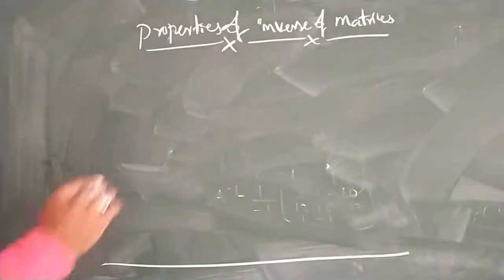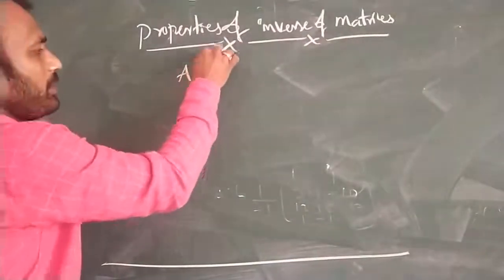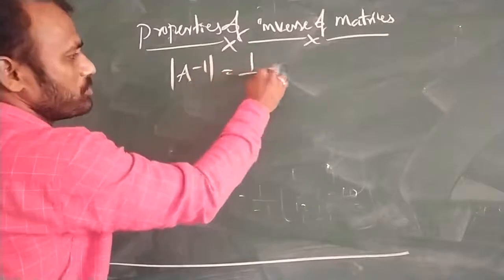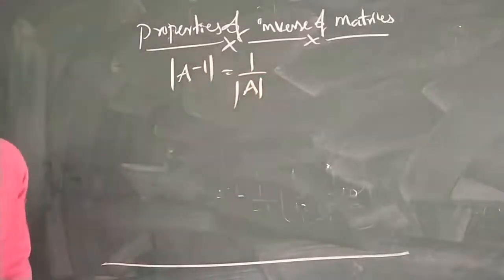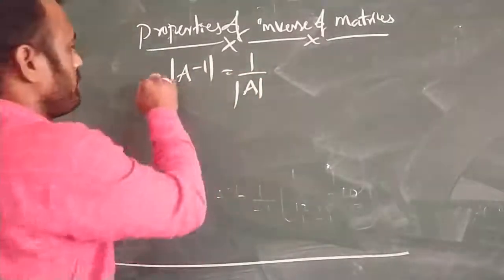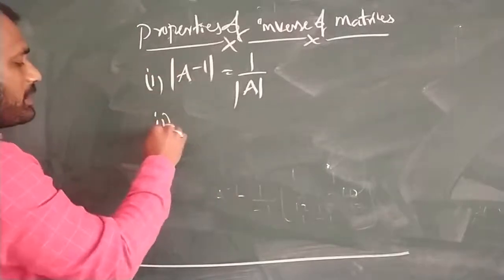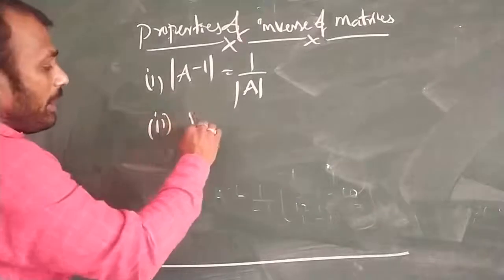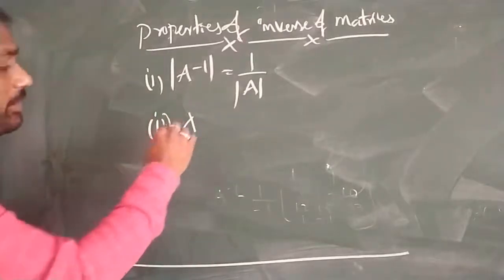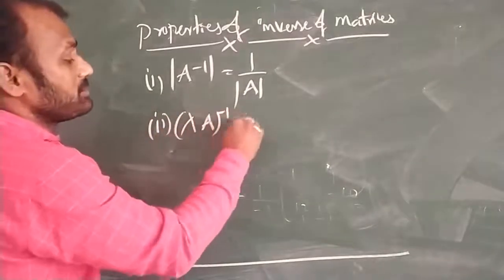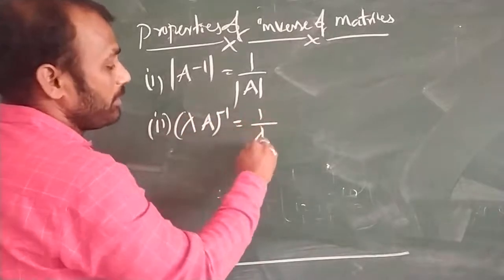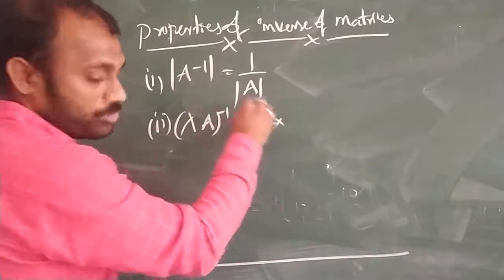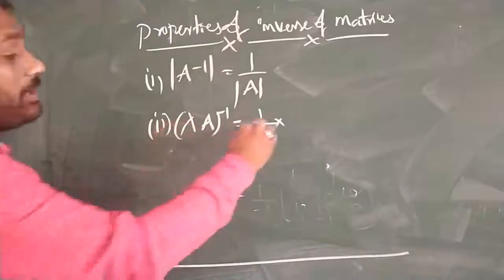The first property is that modulus of A inverse, determinant of A inverse, is 1 by mod A. This is the first property, and the second property is lambda into A whole inverse is given as 1 by lambda into A inverse.